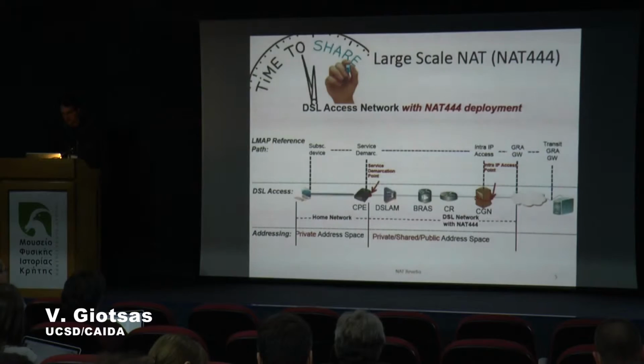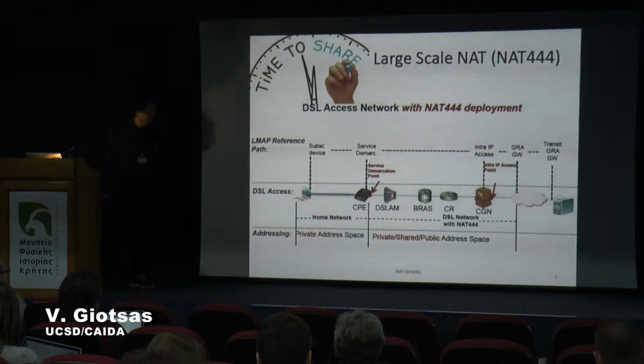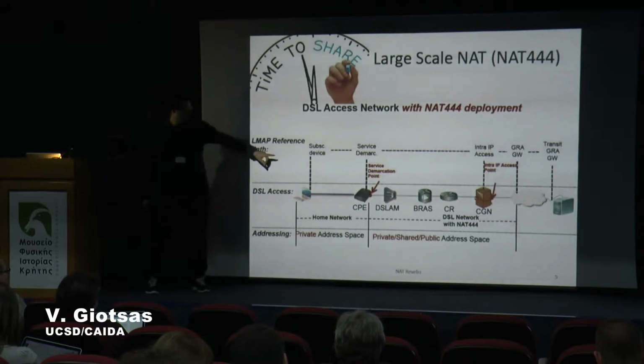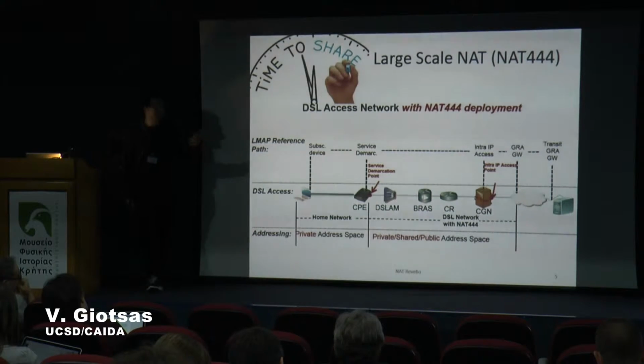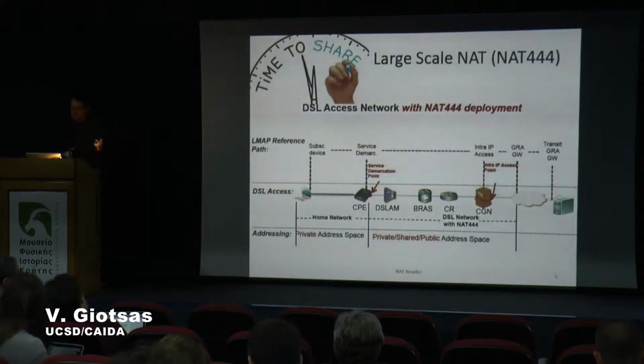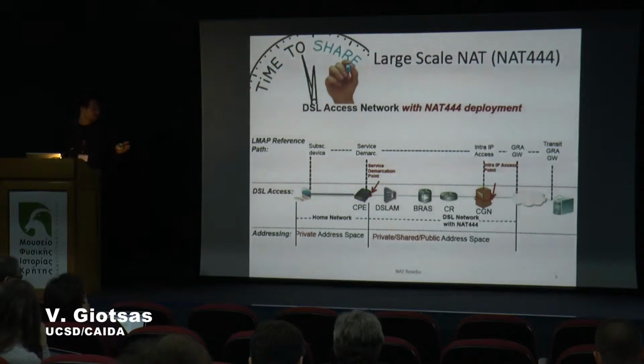Now, when NAT 444 is deployed, we have a CGN middle box connected on the core router, and the CGN middle box becomes the intra-IP access point. And in this case, the DSL network may not use public addresses, but private or shared.